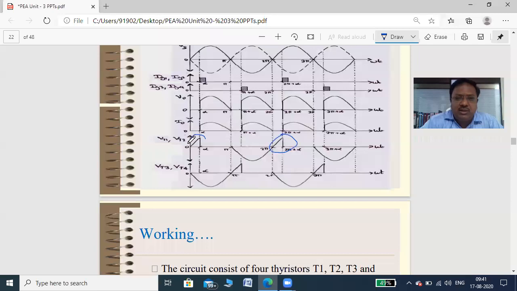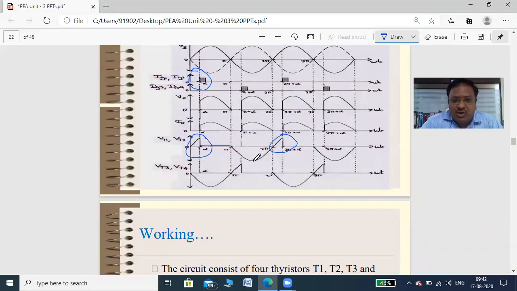At alpha, when we apply the triggering pulse, the SCR turns on and then load current starts to flow. At that time the voltage across the SCR is ideally 0, but practically it is 1 volt, right? Similarly, during the negative half cycle, the total cycle will appear across the SCR, right?